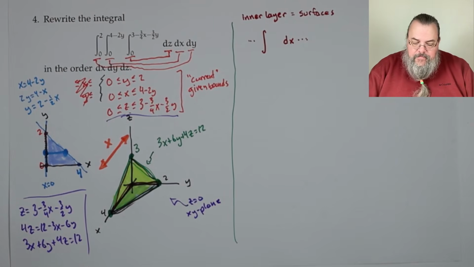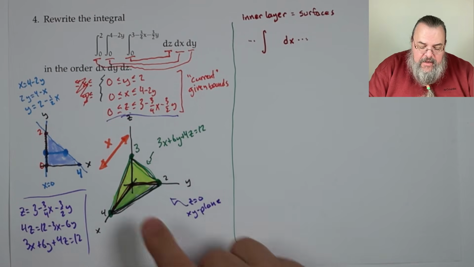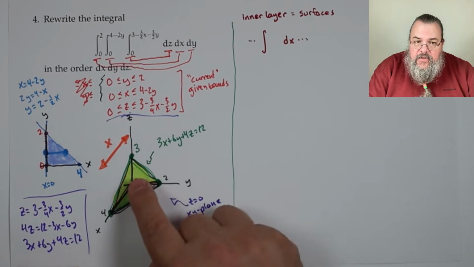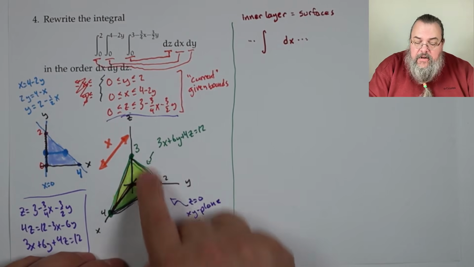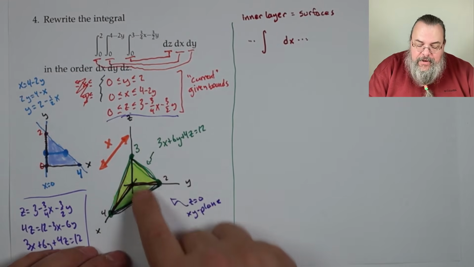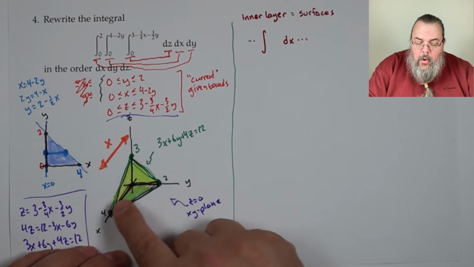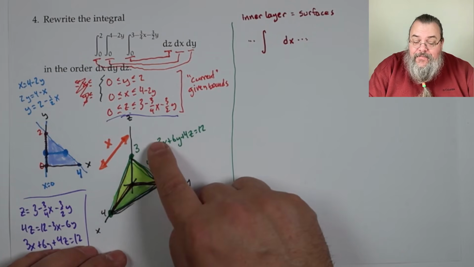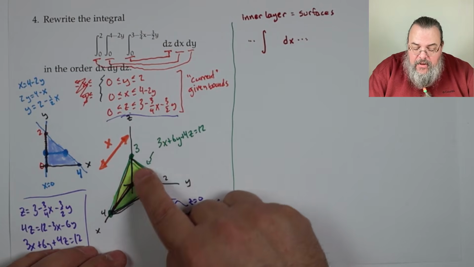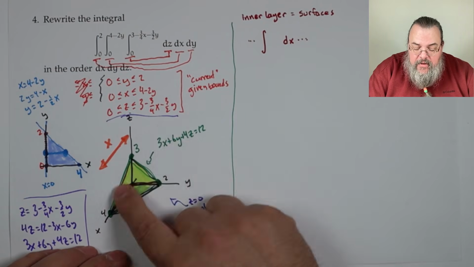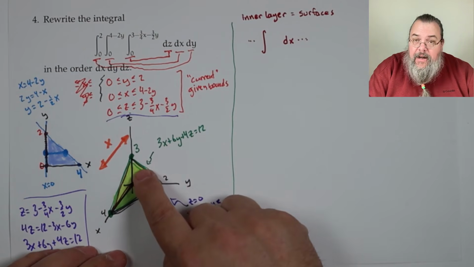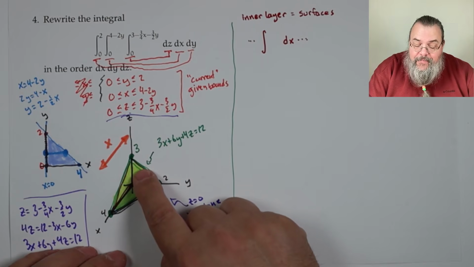So now start thinking about it. As you move in the x direction, right? Previously we were moving in the z direction. We were going up, down. Now we're coming this way. What do we hit? Well, the low value, which is in the back, we start on this back face.